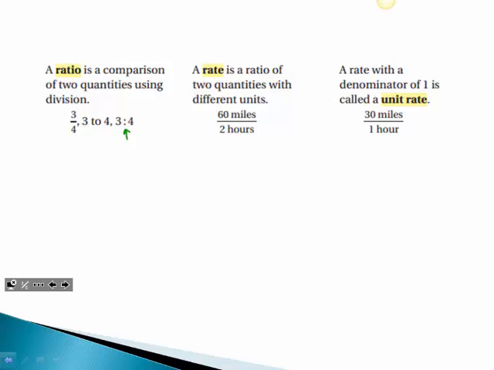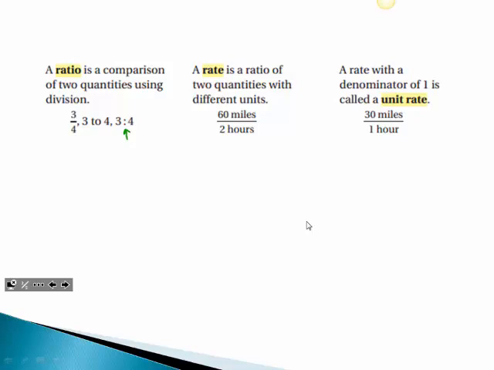A rate is a ratio of 2 quantities with different units. So a rate is actually much like a ratio, except they're not comparing the same units. If you look on the ratio, they don't put any units. It's just 3 over 4, 3 to 4, which means they all are using the same units.